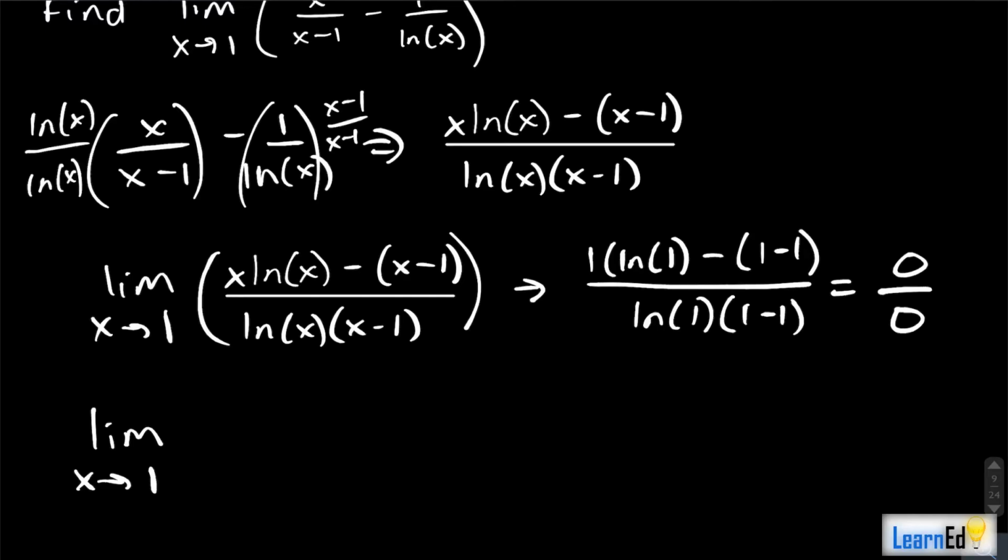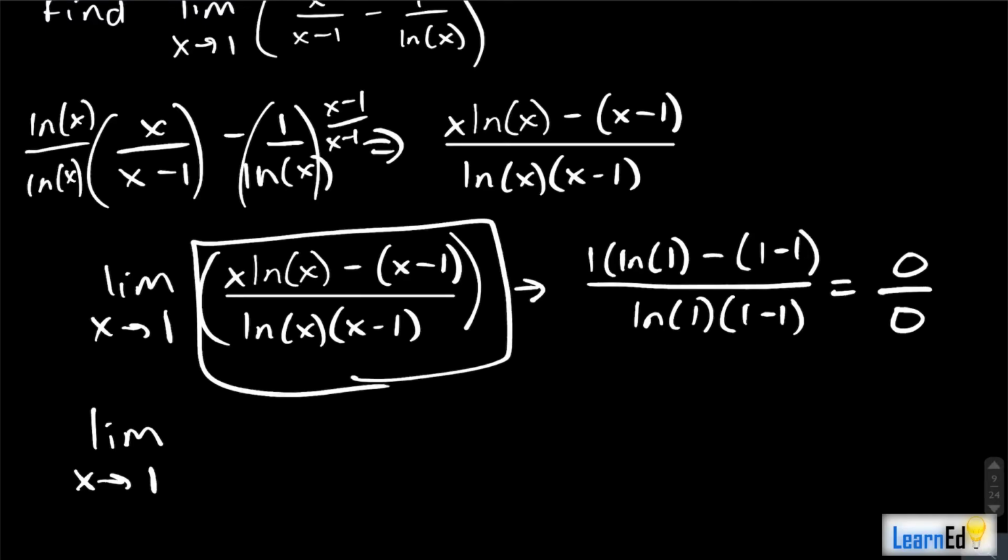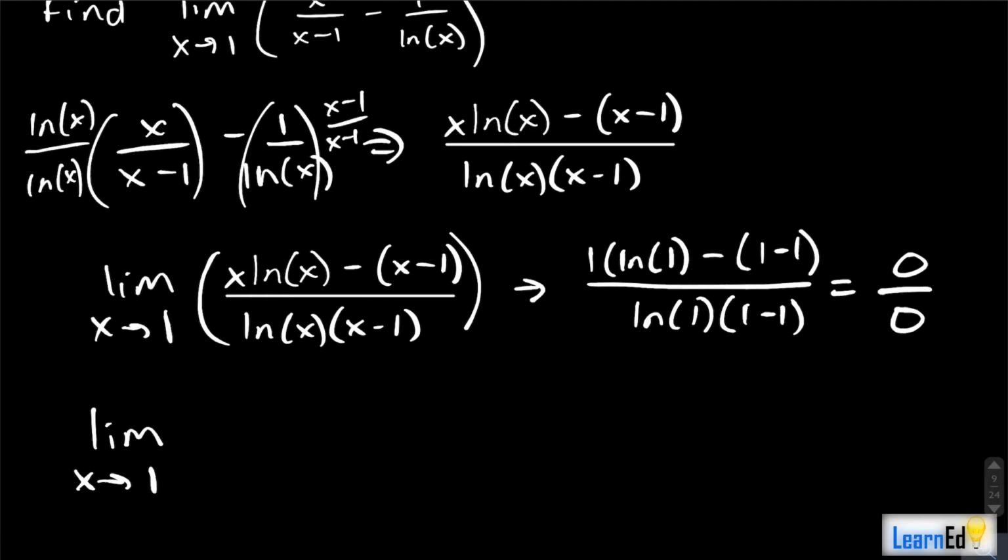So we take a derivative of the top. Taking a derivative of, remember, this piece right here, x natural log of x minus x minus 1. We'll use product rule for the first part here. So this is just natural log of x plus, we'll take a derivative of the natural log of x part now, so we would get an x over x, which is just 1.